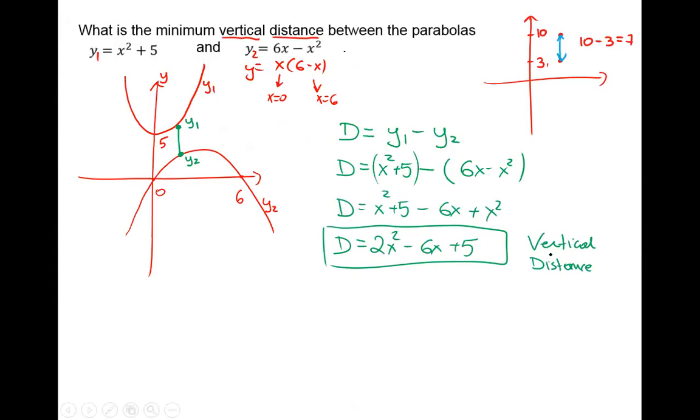Okay, now, since we don't have any restriction for the domain, I can accept any numbers, then I have to find local extreme values, and hopefully this will be a minimum. That means I have to find the critical points. I will find the derivative, 4x minus 6, and the derivative is 0 if 4x minus 6 is 0. x is 3/2.